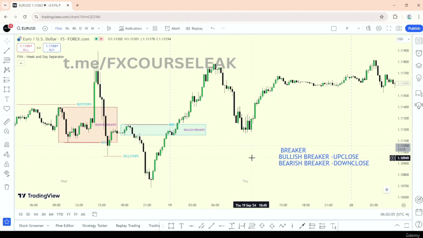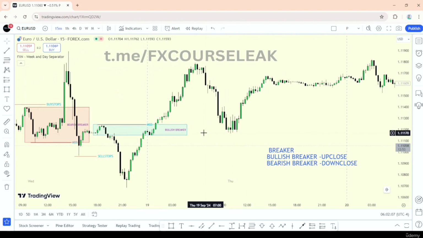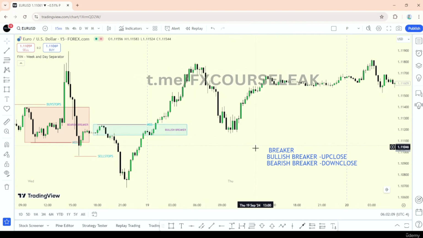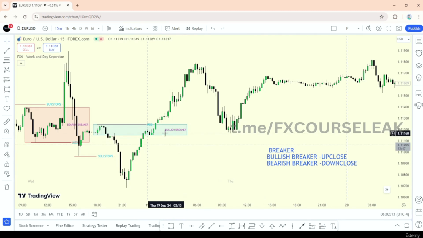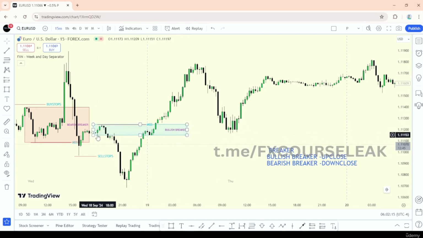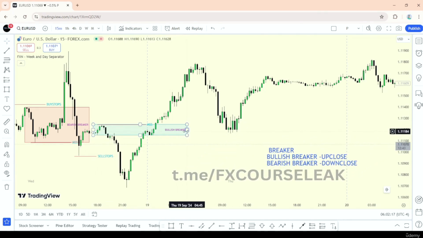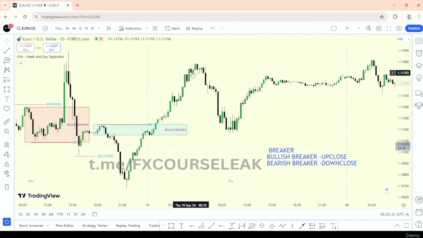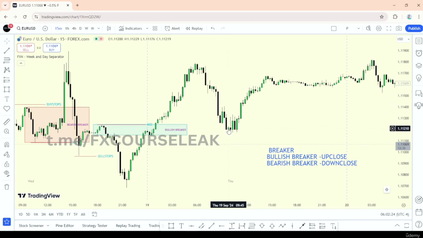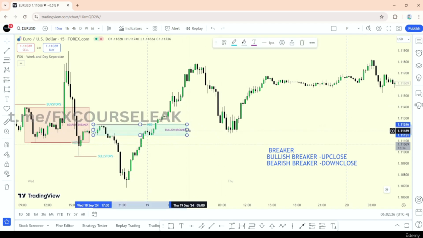So what we anticipate from a breaker is a retest back to that area. In this bullish breaker, these 3 consecutive candles, we anticipate that when price moves higher, later price will come back down to retest that zone or area.